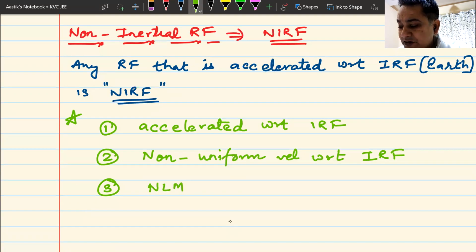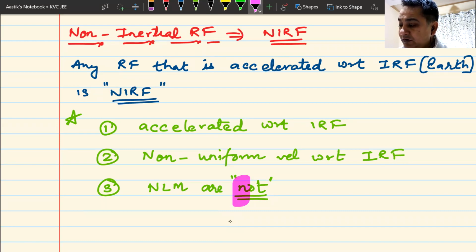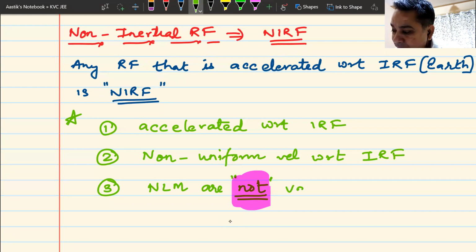Newton's laws of motion are not, and this "not" is very important, are not valid in their original form.